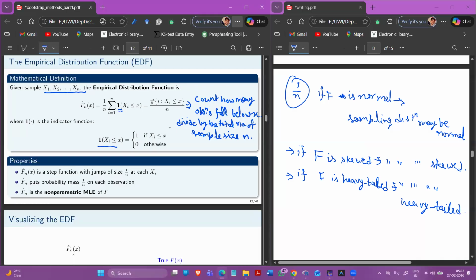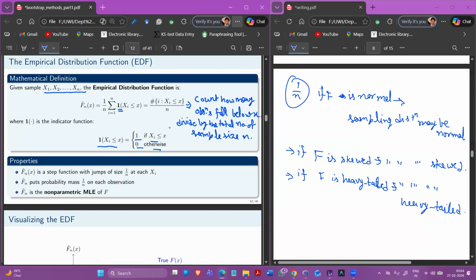The indicator function 1(xi <= x) is defined so that it takes the value 1 if xi is less than or equal to x, and 0 otherwise. So I will have the observations here: if x1 is less than or equal to x, then x2 will come, that is less than or equal to x.